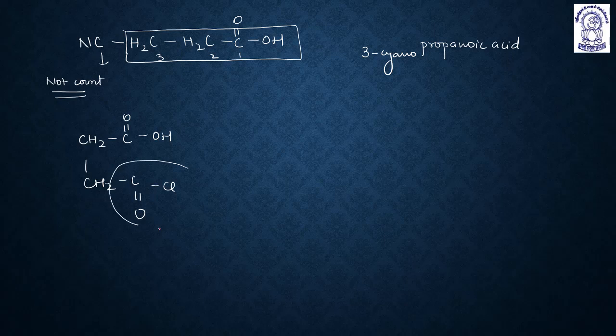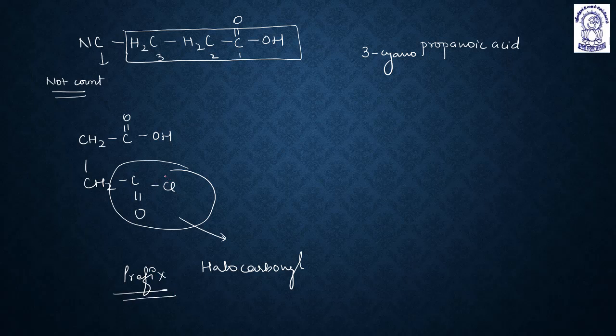So here we will take a prefix for this, that is halocarbonyl. So we are having one, two, three. The third position is having this group used as a prefix, 3-chlorocarbonylpropanoic acid. Okay.